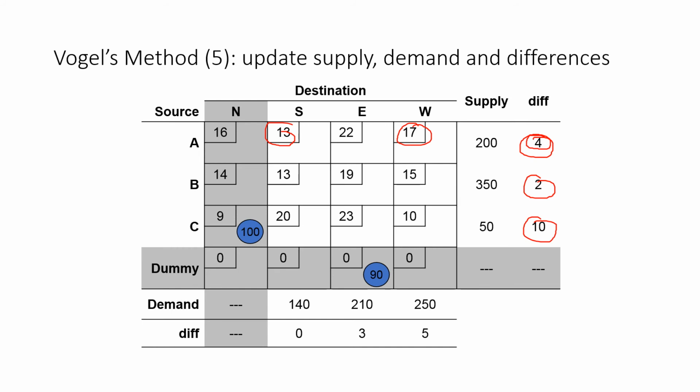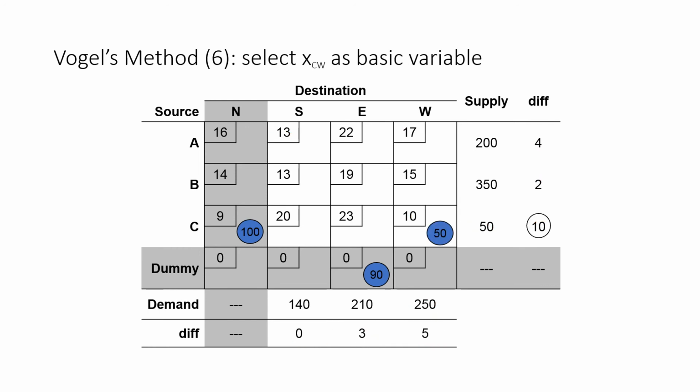I recalculate also these differences for the columns, so 0, 3, and 5, which are the differences for the columns. I select the largest difference, which is now, in this case, this 10, and within the third row, the smallest cost is 10. So this is the cell that I want to allocate as much as possible to, and obviously because of this 50 and this 250, the minimum is 50. I'm going to allocate 50 to this cell, as we'll see in the next slide.